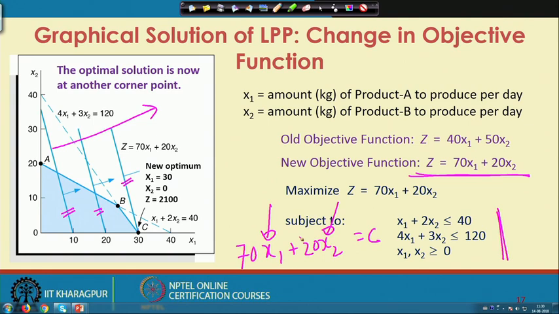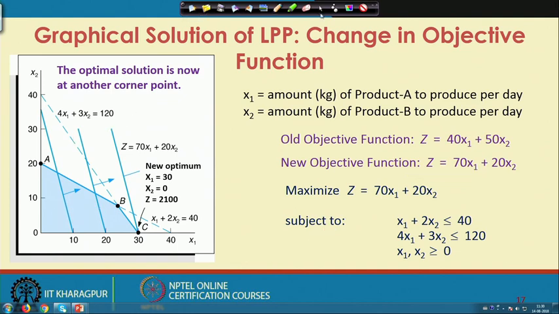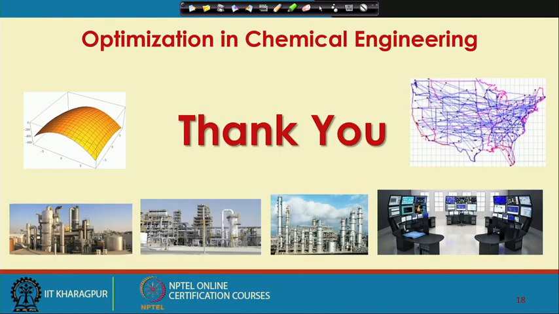So, when you change the objective function without changing the constraints, I get the new optimum at another corner point. So, the optimal solution always lies at a corner point. With this we stop our lecture 37 here.